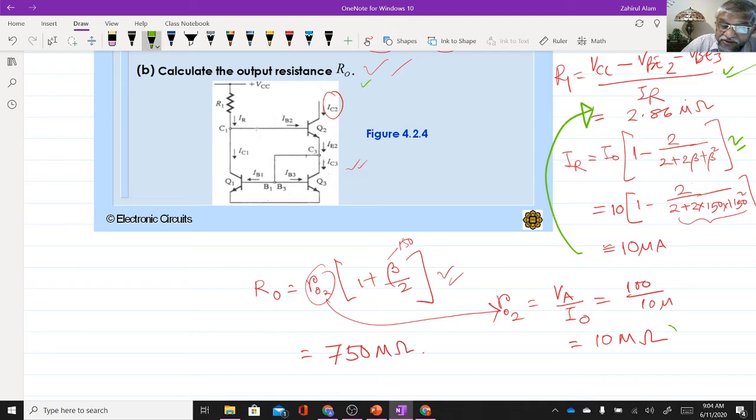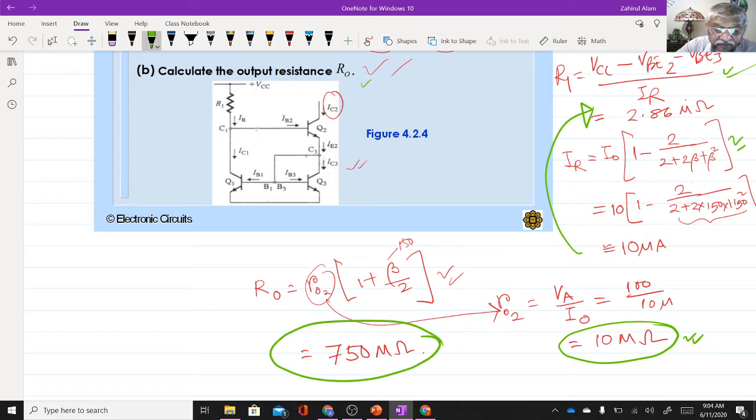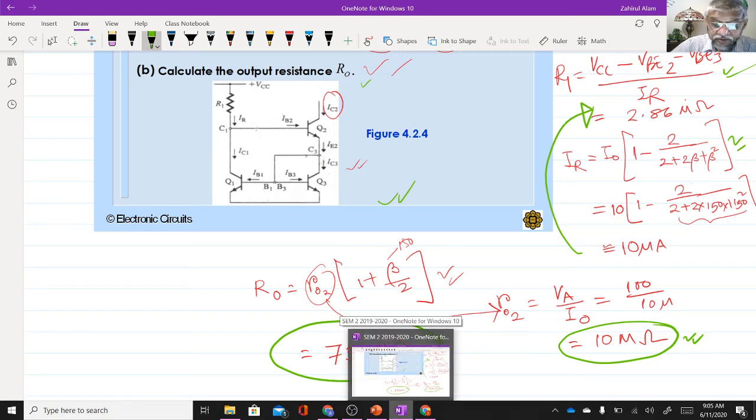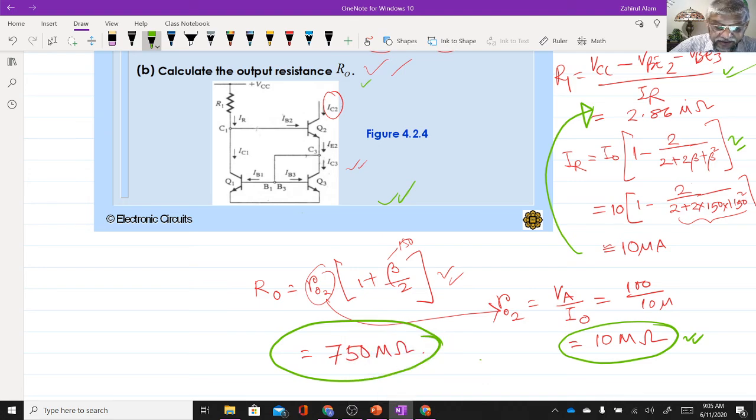Now you see, if you have used 2 transistors or the modified 3 transistors, the output resistance is only 10 mega ohm. By introducing this configuration, we can increase the output resistance to 750 mega ohm. So it is very good to choose this current source for getting higher output resistance.